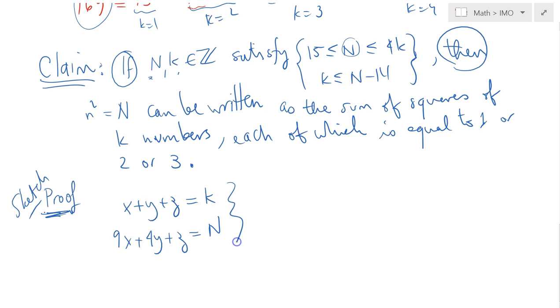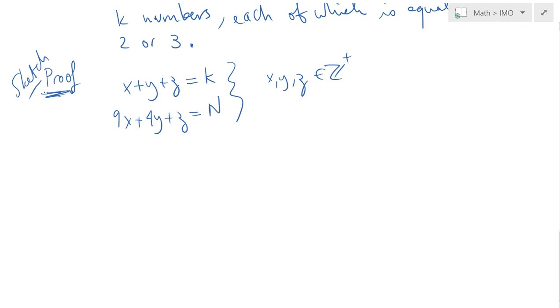And we are looking for solutions in non-negative integers, right? x, y, z are non-negative integer solutions to this system, and we claim that, of course, this system has non-negative integer solutions, and I leave it to you to check it. So I claim that this provides such a solution.